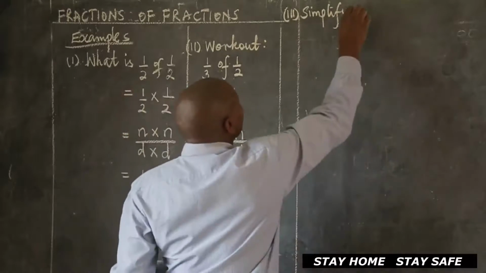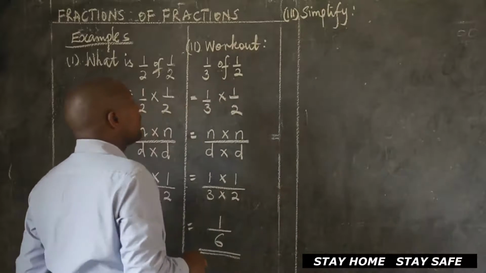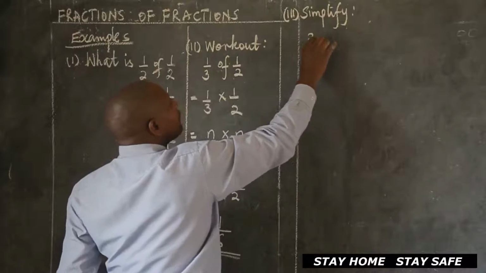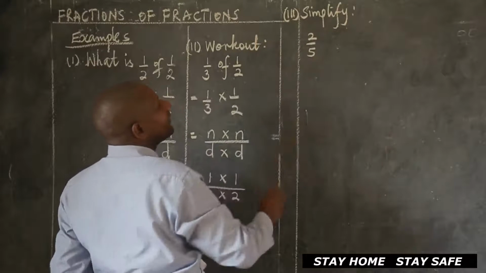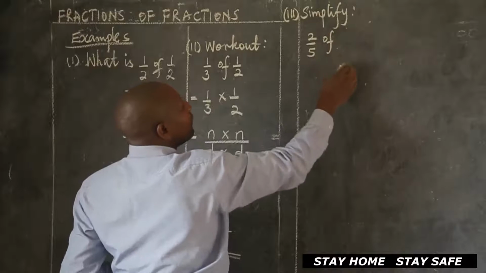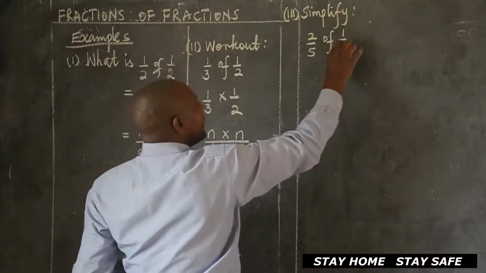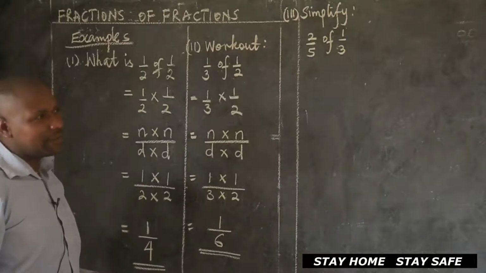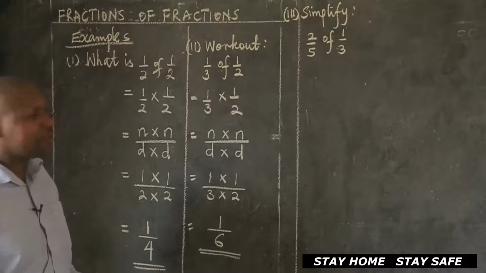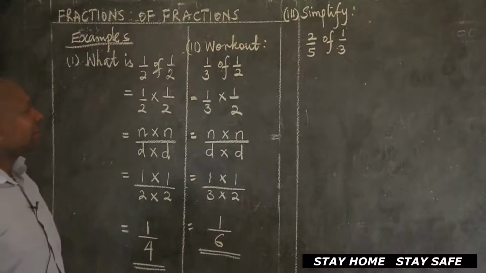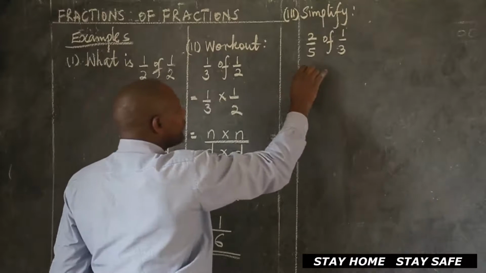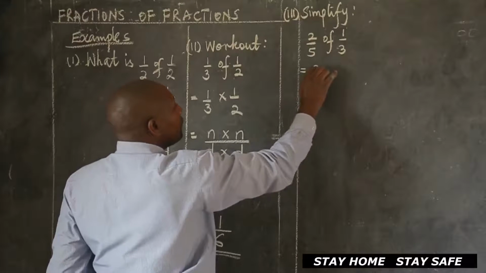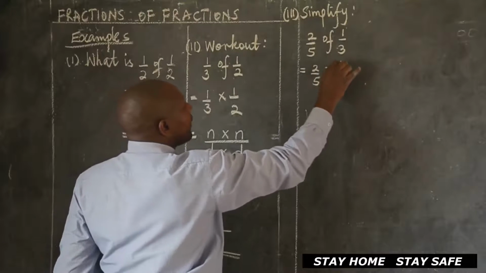Assume we have 2 out of 5, okay, and it is of a third, okay? Are you seeing that one? Very challenging or simpler than the first ones? Go through the same way. We'll first interpret the word "of", and we shall have 2/5 times a third.